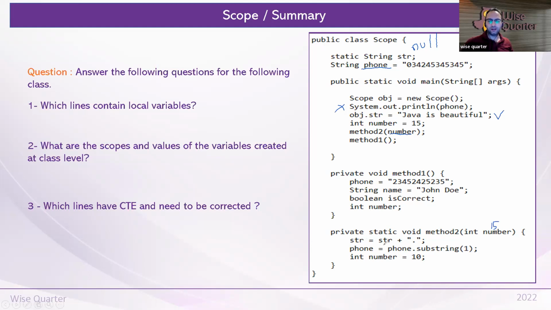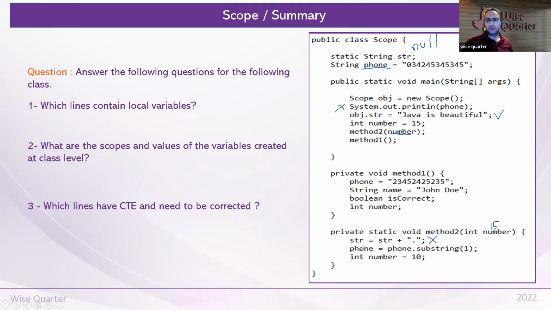And it was null. We cannot do that, right? This was null. When we try to add a dot to it, it won't accept it because str does not have any value. If it does not have any value, you cannot add dot to it. You can reassign it, but you cannot add. So this is not acceptable.